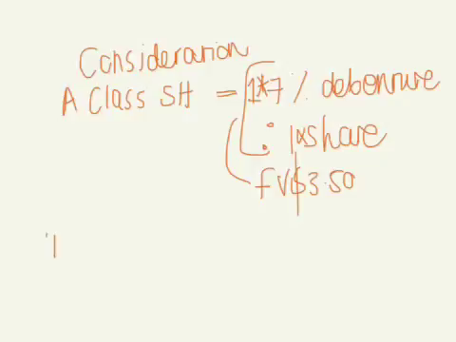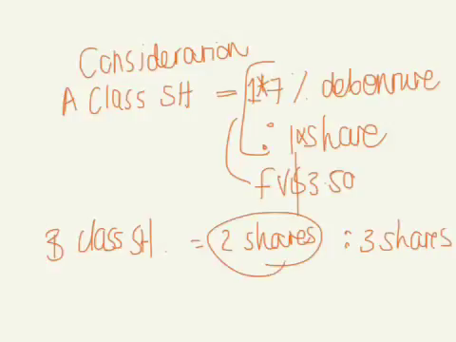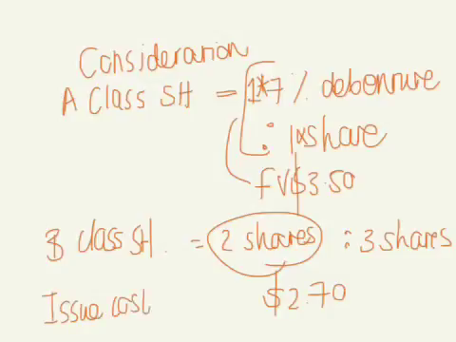The B-class shareholders are to receive 2 shares in New Starfish for every 3 shares held. The fair value of these shares is $2.70 each, and the issue costs of these shares amount to $900.